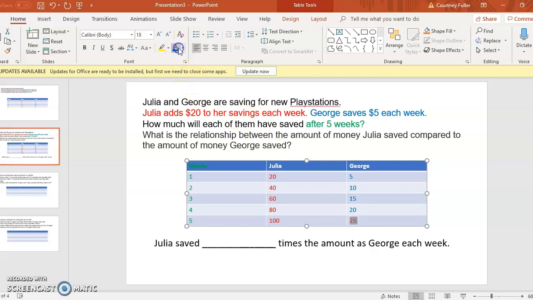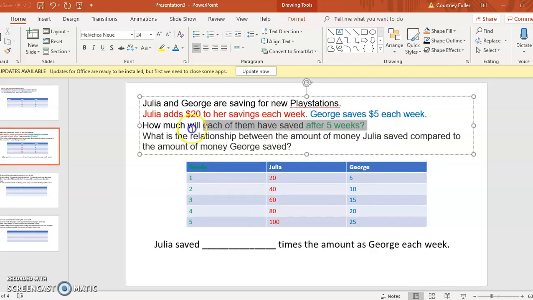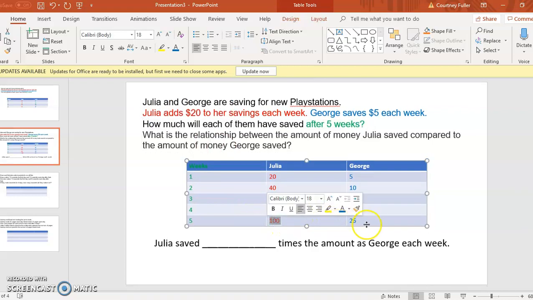So we know that by the end of week 5, George has $25 in his savings account. So at this point, we have done what we did yesterday. We have generated two patterns using two different rules using a table. We know we can now answer this first question. How much will each of them have saved after 5 weeks? Julia saved $100 and George saved $25.